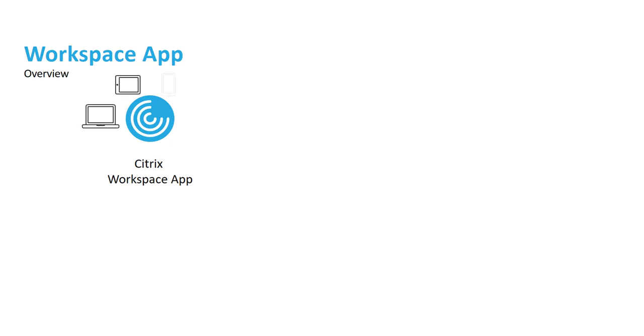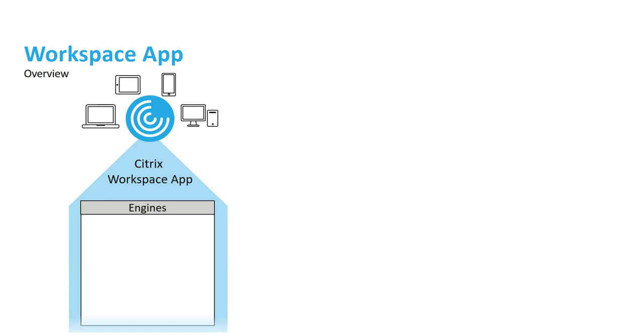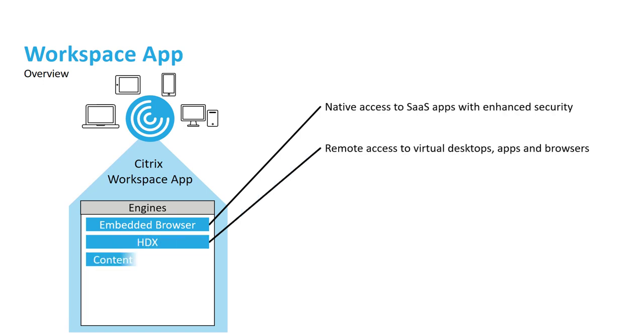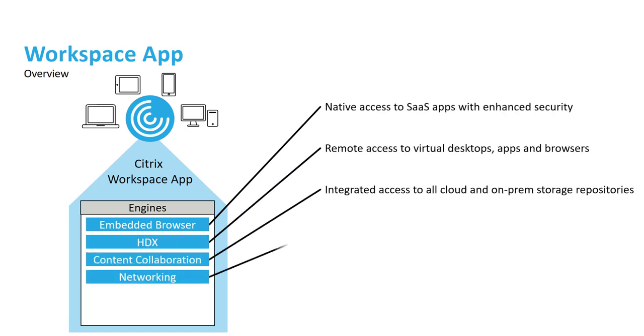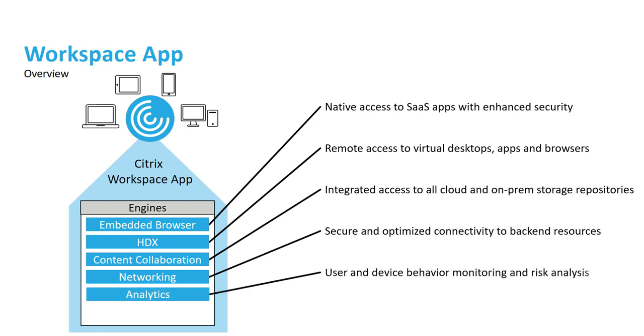First, Workspace App works on pretty much any platform: Windows, Mac, Linux, iOS, Android devices, and anything that has an HTML5 browser. Within Workspace App, there are multiple engines, and each one of these engines provides a unique functionality to the overall Workspace App. For example, there's an embedded browser that provides native access to SaaS apps and web applications.